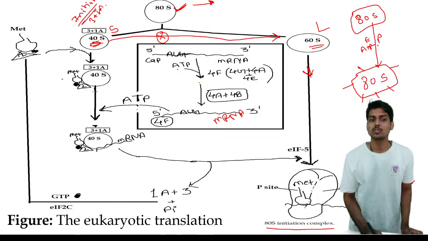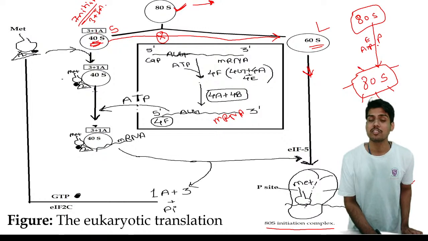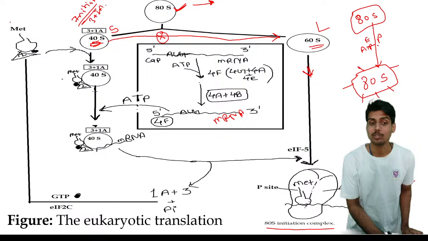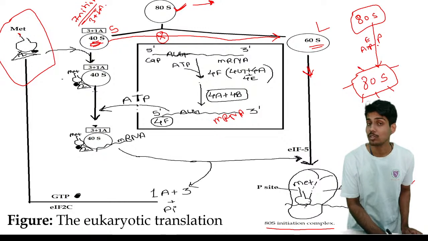The next thing that is going to occur is that this 40S pre-initiation complex, along with initiation factor 3 and initiation factor 1A, now gets combined with the methionine tRNA. What is this methionine tRNA? This is the tRNA molecule which will have a methionine amino acid attached to it. Along with that, there is initiation factor 2 and one GTP molecule.